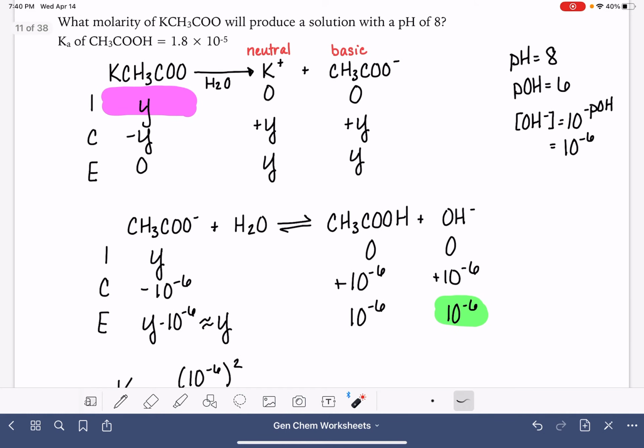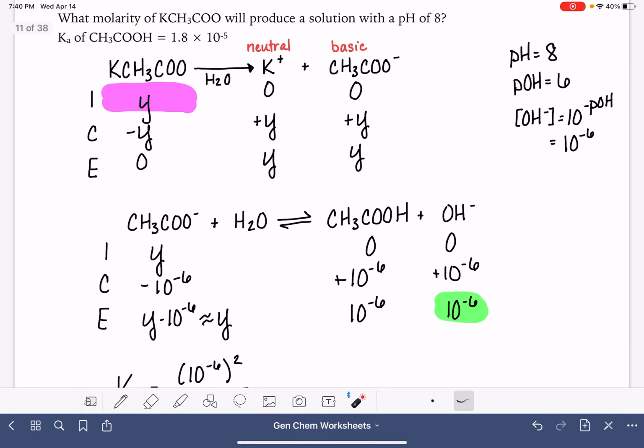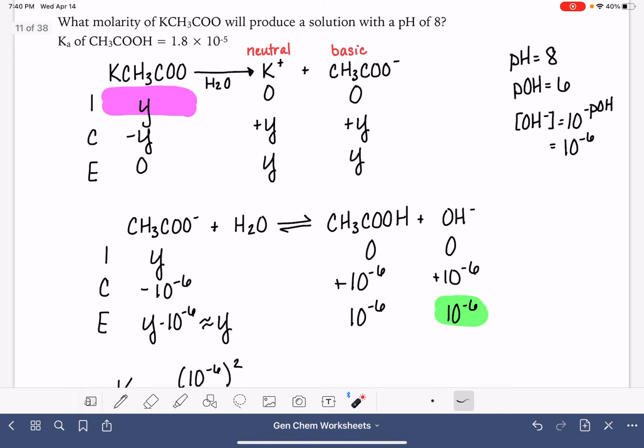Looking back up at the problem, it gave us the Ka of acetic acid, and that's actually pretty common in these particular types of problems. You're going to be given essentially the wrong equilibrium constant, so you're going to have to convert this Ka into a Kb to make it appropriate for this problem. The relationship that we're going to use here is Ka times Kb equals Kw.